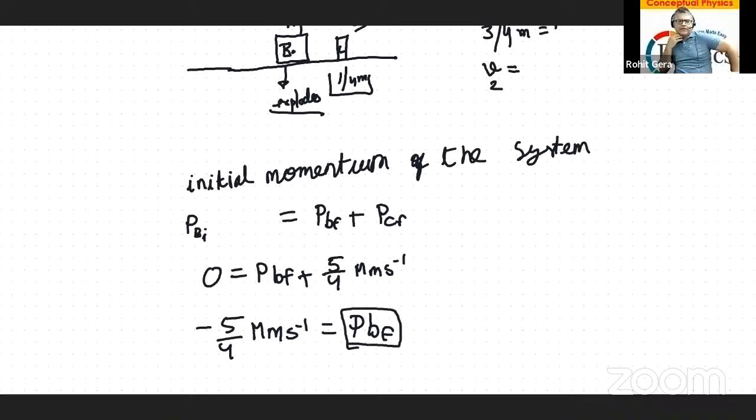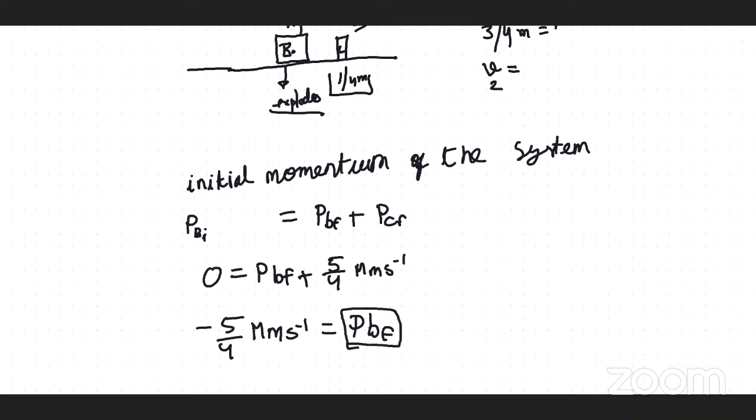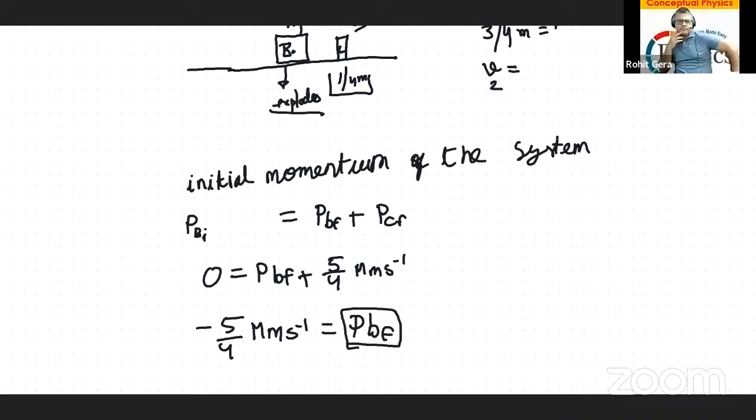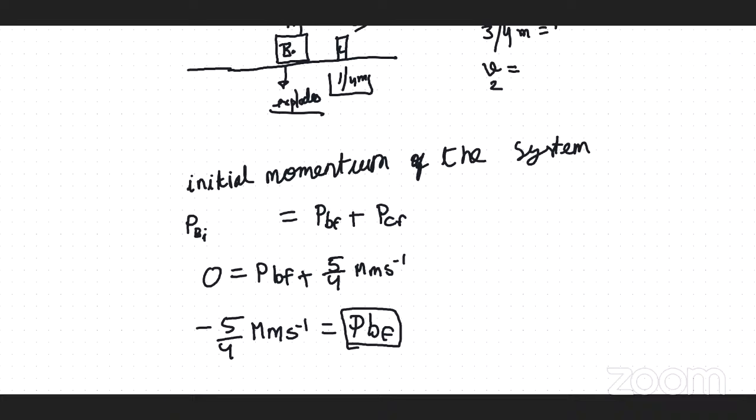Of the second particle, you mean? Yes, the second particle that came out of the bomb. But the question is, what is its velocity?